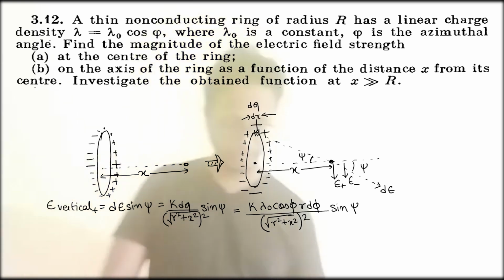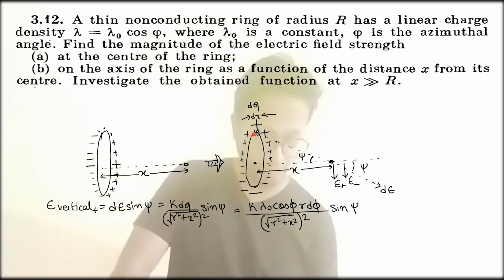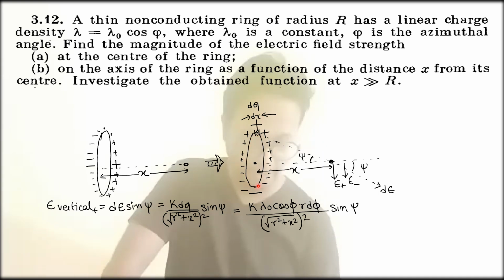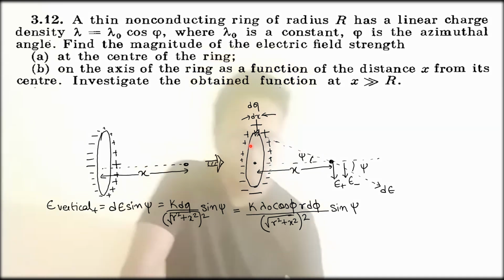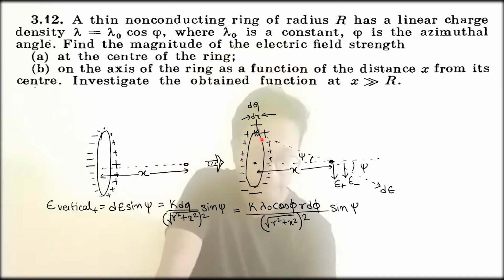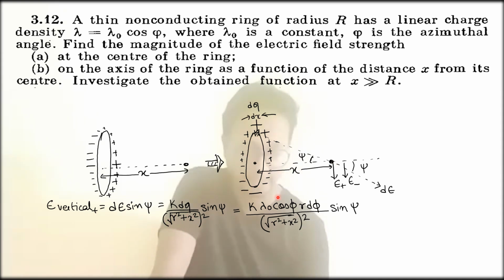Now see, this is kept constant. You know why? Because doesn't matter wherever in the ring you are, this length is never going to change. It will remain constant throughout the ring for this axial portion.